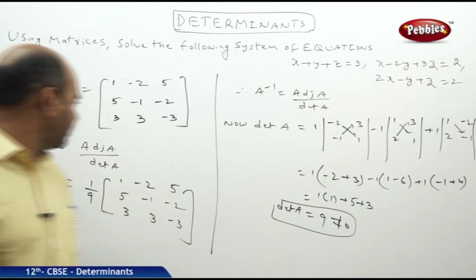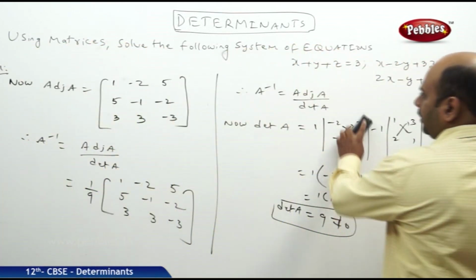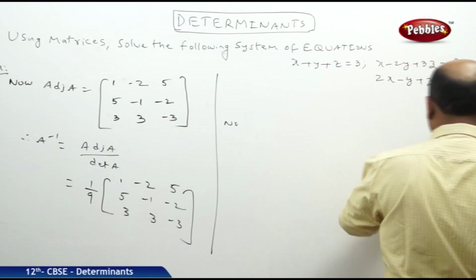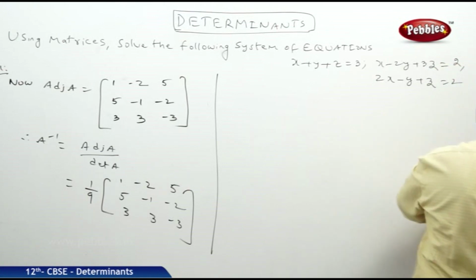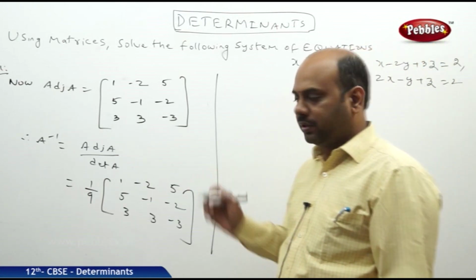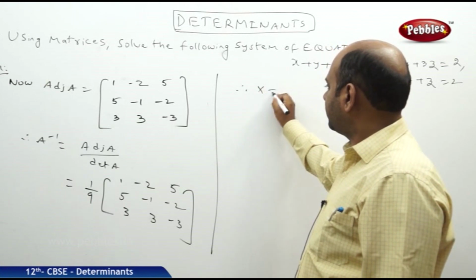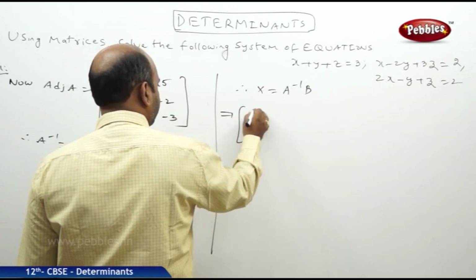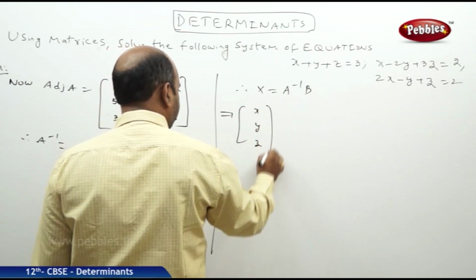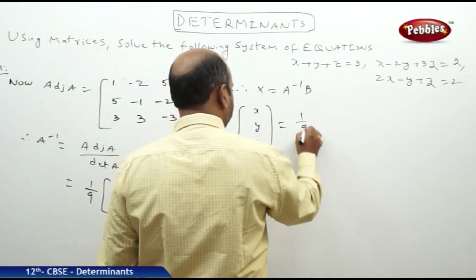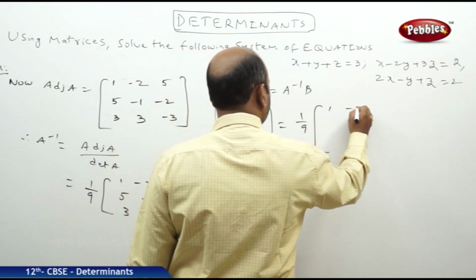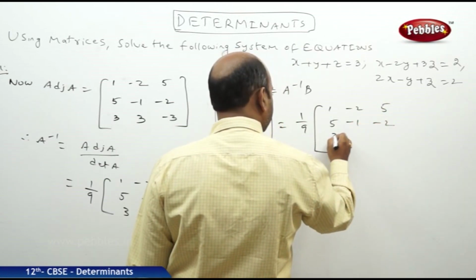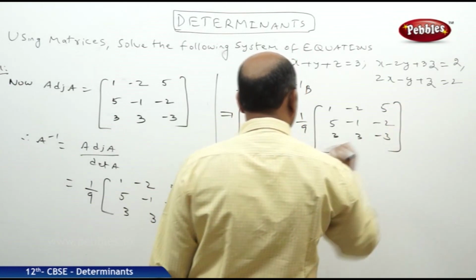Now after doing this, we want to find the values of capital X. Capital X refers to a column matrix where we have X, Y, Z. Therefore X is equal to A inverse into B. X means we need to write as X, Y, Z. A inverse means just now we obtained 1 by 9 into 1 minus 2 5, 5 minus 1 minus 2, 3 3 minus 3 into B.